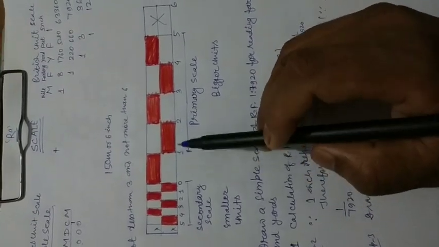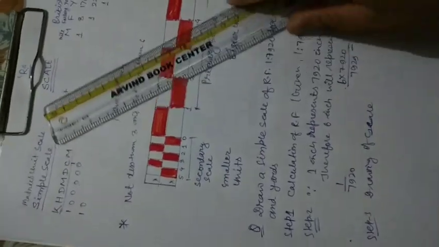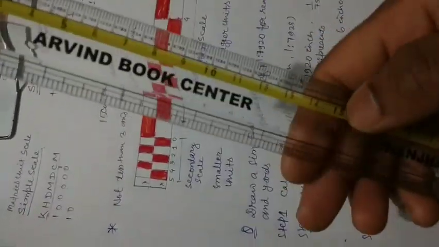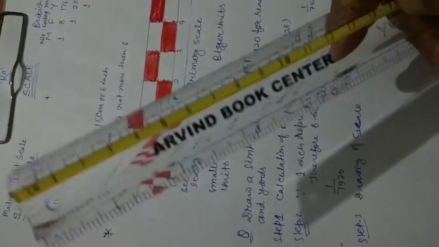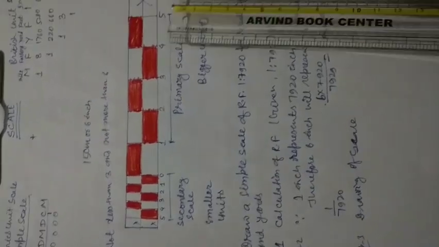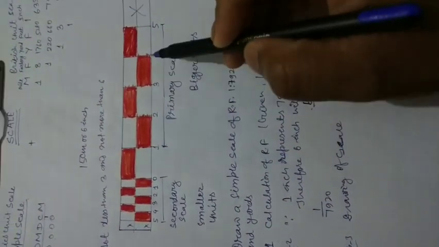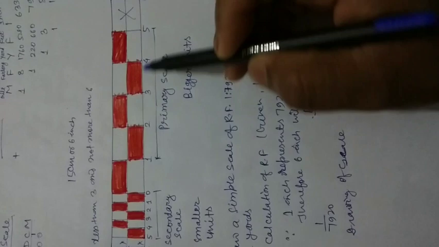And how can we draw this scale? You take a scale of 15 centimeter, either 15 centimeter or 6 inches scale. If asked for a British scale, you take it in inches. You can easily understand this. For drawing this scale, we have not less than 3 boxes: 1, 2, 3, not less than 3 and not more than 6.